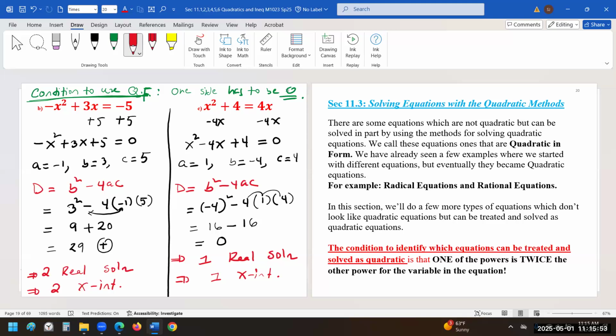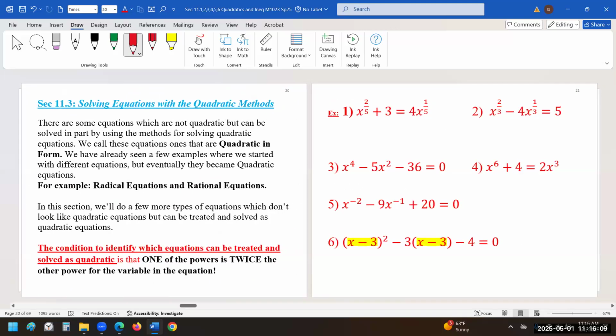But it has to have a condition fulfilled. What's the condition? The condition is that of the two powers you have in an equation, one power has to be twice the other power. As long as you fulfill this condition, yes, you can treat them as a quadratic and solve them. For example, here, these look like so hard questions, right? But look here.